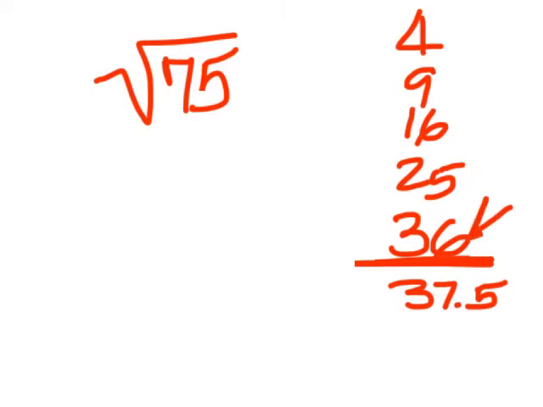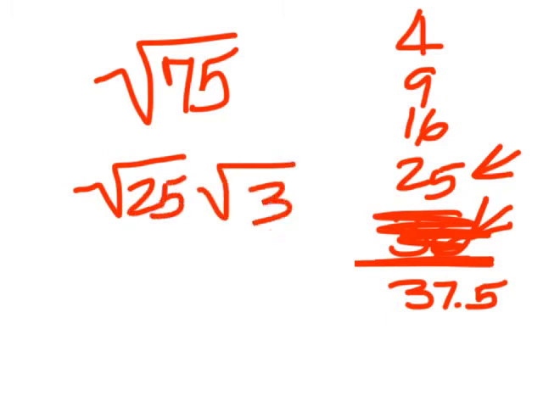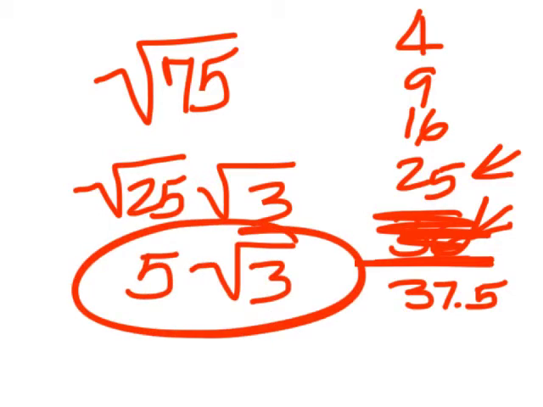Now divide 36 into it. Will 36 divide evenly into 75? It won't go in there evenly, so we scratch that one out. What about 25? Will it go in evenly? Yes. 25 goes in evenly how many times? 3. What's the square root of 25? So 5 square root of 3 is the answer.